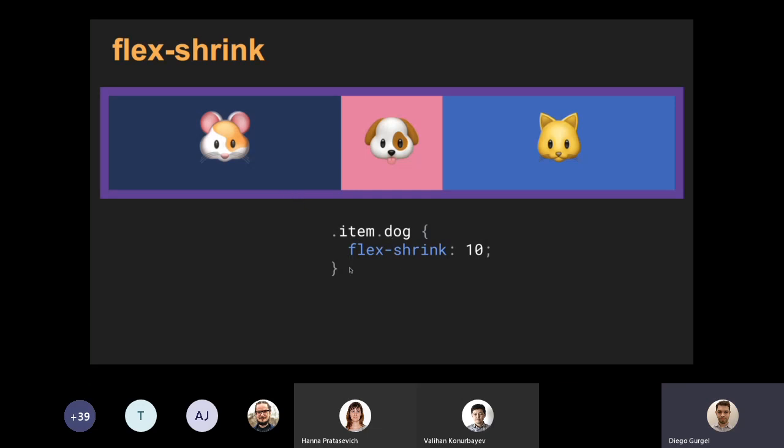So the dog in this case is shrinking down 10 times more than the hamster and the cat. So we have this as a result.